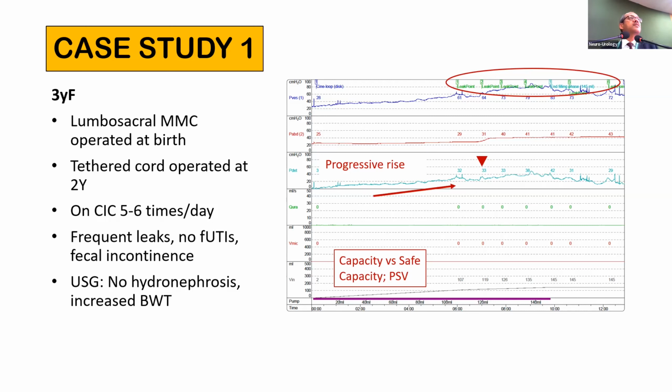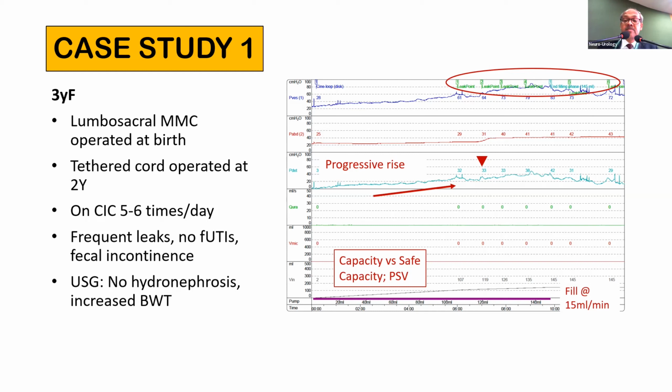If the pressures are typically 20 and more, we would consider in a child that this bladder is perhaps not safe. The other way around is not true. Urodynamics can be used to make a diagnosis of lack of safety, but a safe bladder is a diagnosis made on the basis of the entire clinical assessment of the patient, and cannot be made on the basis of the urodynamic trace.